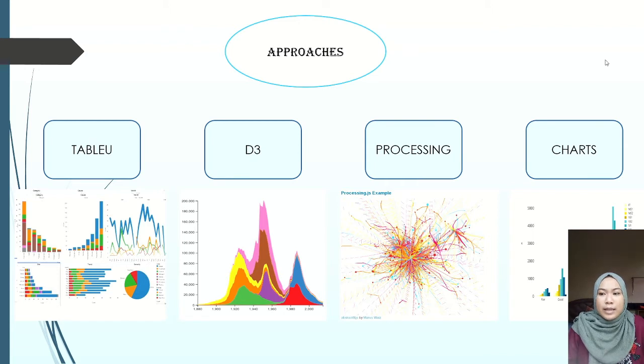I present here 4 types of tools: Tableau, D3, also known as data-driven documents, processing, and charts. Tableau is useful for corporate purposes and gives the opportunity to create graphs. As you can see on your screen now, we have the bar graph, the line graph, and the pie chart.